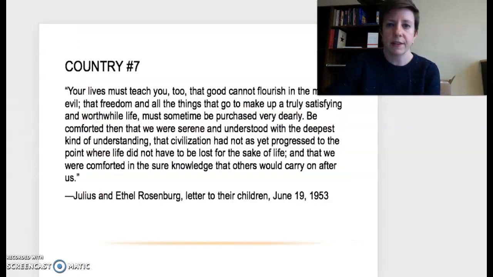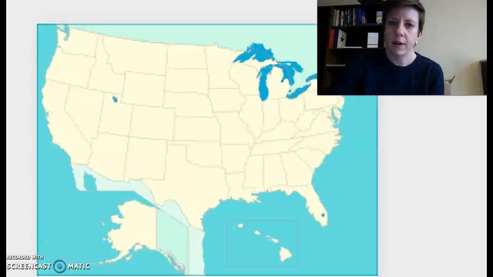Country number 7. So Julius and Ethel Rosenberg, this is a letter to their children, 1953. You don't have a lot of clues about what country this is from unless you recognize these two individuals' names. Julius and Ethel Rosenberg are American.